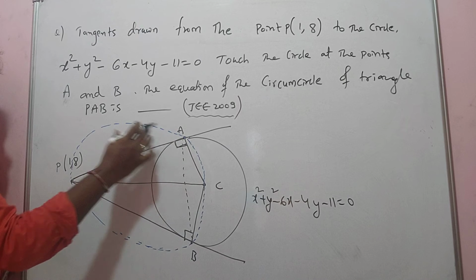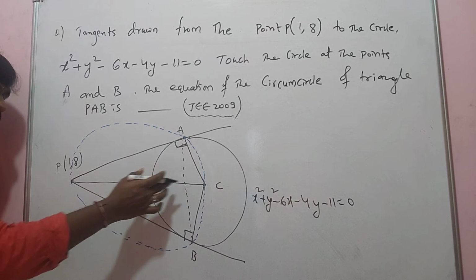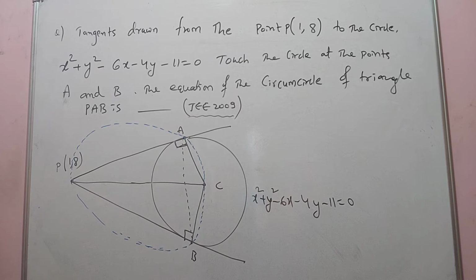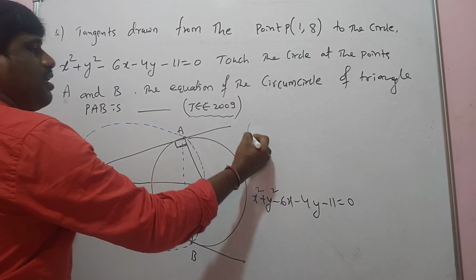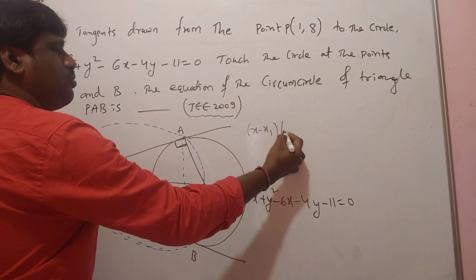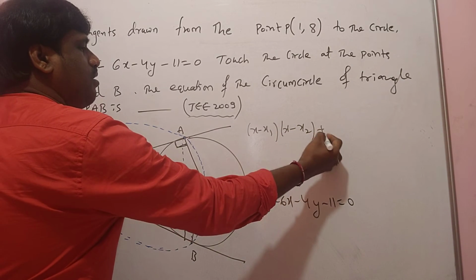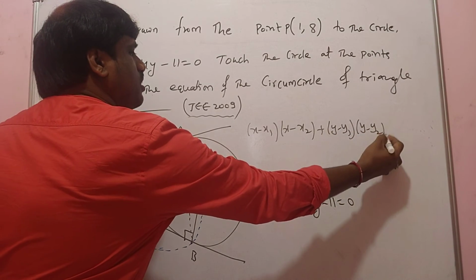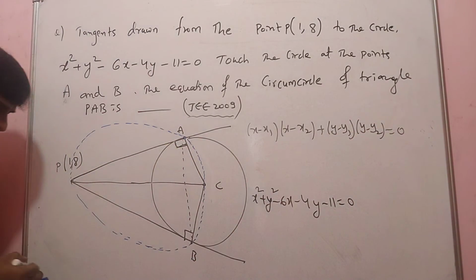It means the angle in a semicircle is 90 degrees, so PC will be the diameter. The equation of a circle in diametric form is (x − x1)(x − x2) + (y − y1)(y − y2) = 0.